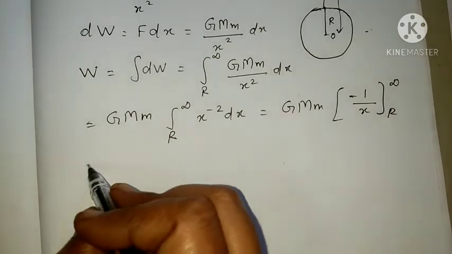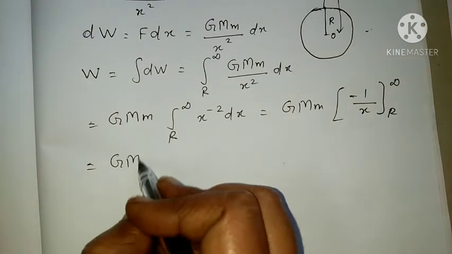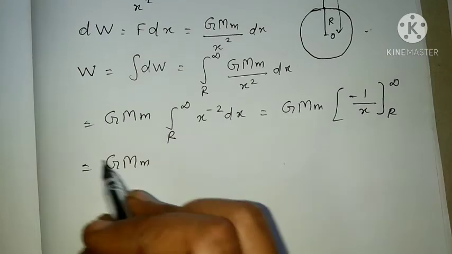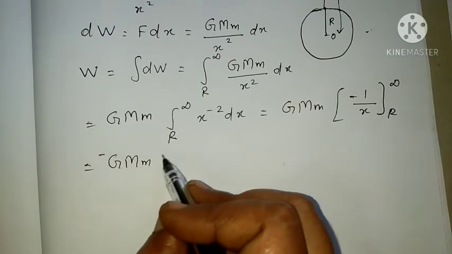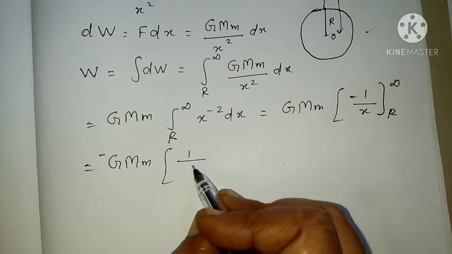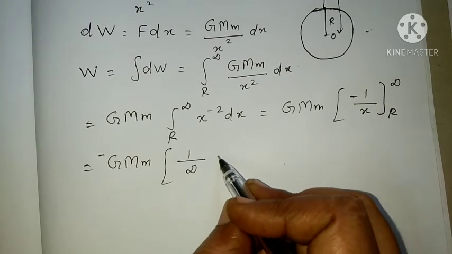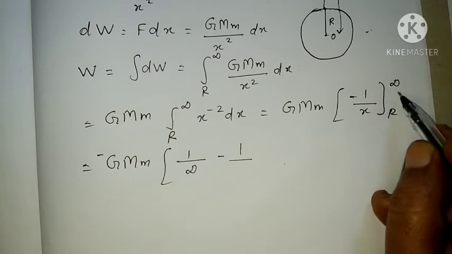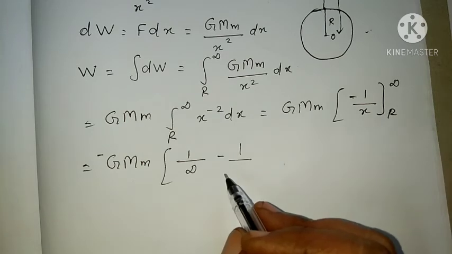Then apply the limit, that is GMm, then take the minus sign outside. So we can write 1 by infinity minus 1 by R, that is upper limit minus lower limit.